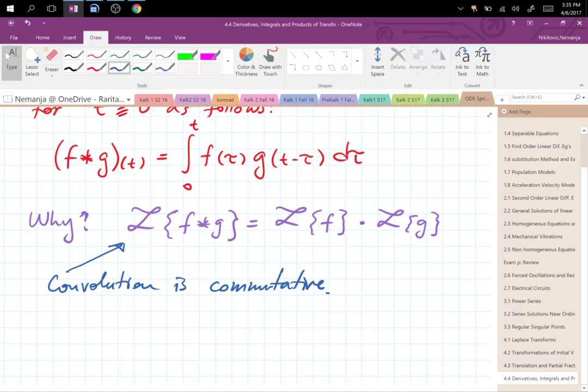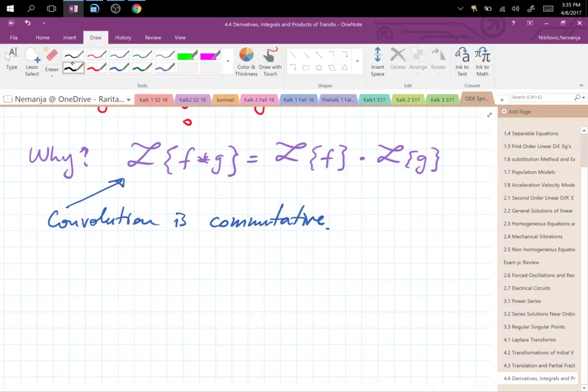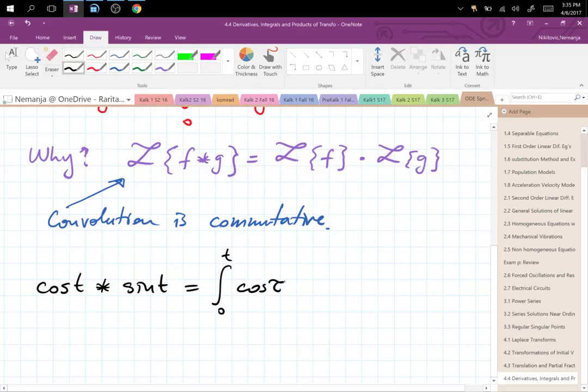So let's just compute one of the examples. So what do I have? I have, let's say, cosine t convolved with sine t. So by definition, it's the integral from 0 to t of cosine tau times sine of t minus tau, d tau.